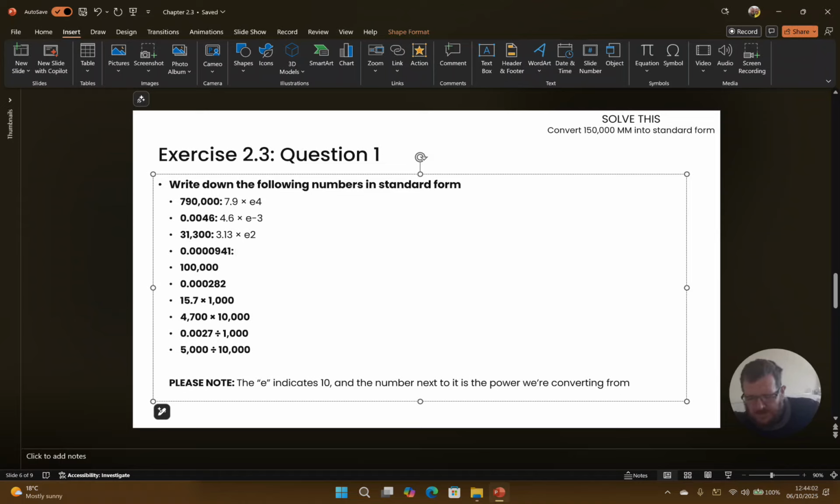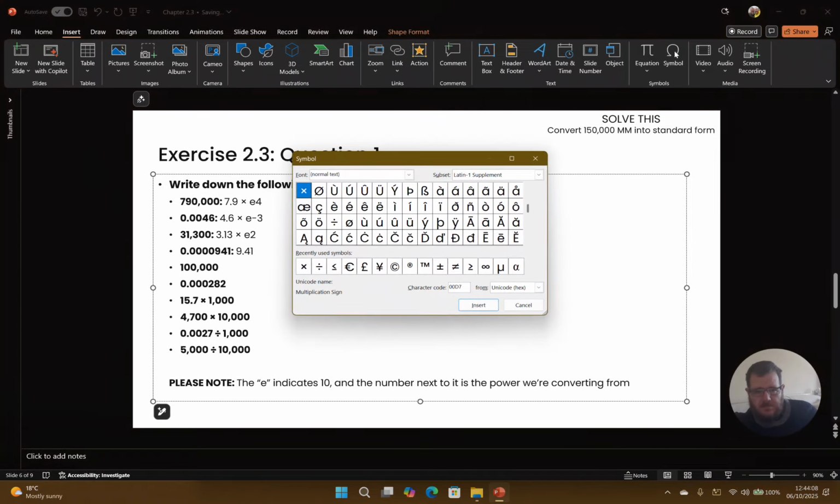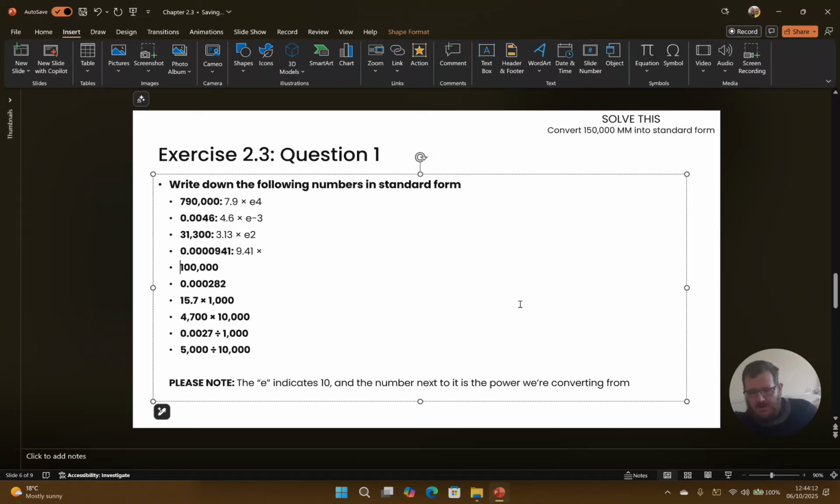So again, write the number between 1 and 10. And then we've got the E number there, and count the number of zeros in the number: 1, 2, 3, 4, 5.